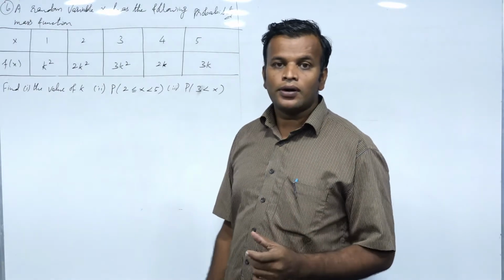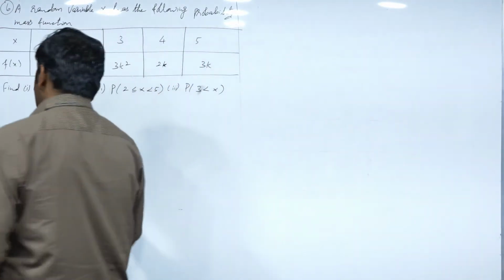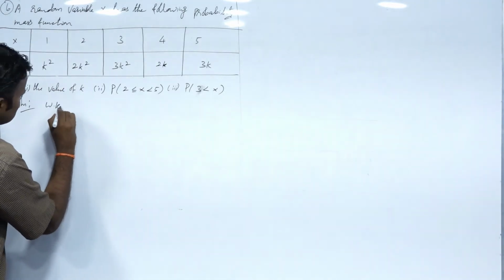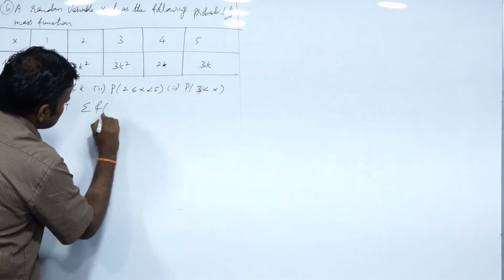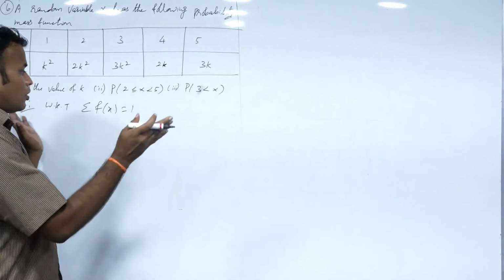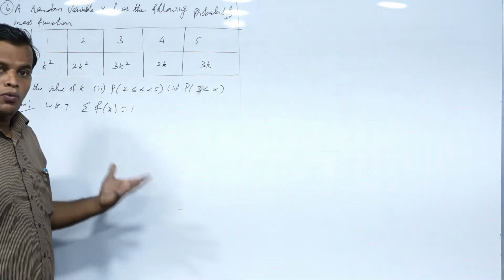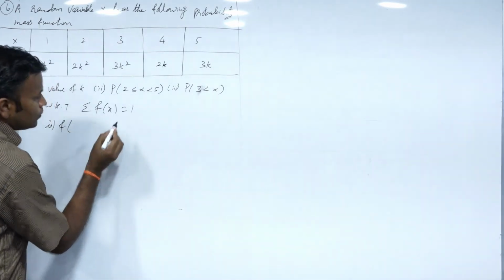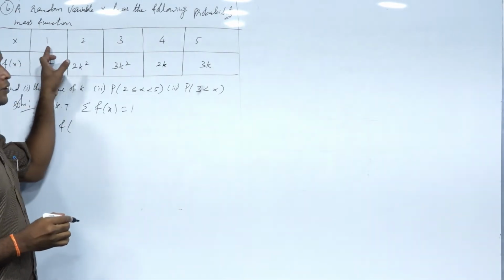We already know the total probability value is always 1. So using this concept, we know that summation of f of x is equal to 1. The sum of all probability values is always equal to 1. That is, f of what is the least value of x? It is given as 1.